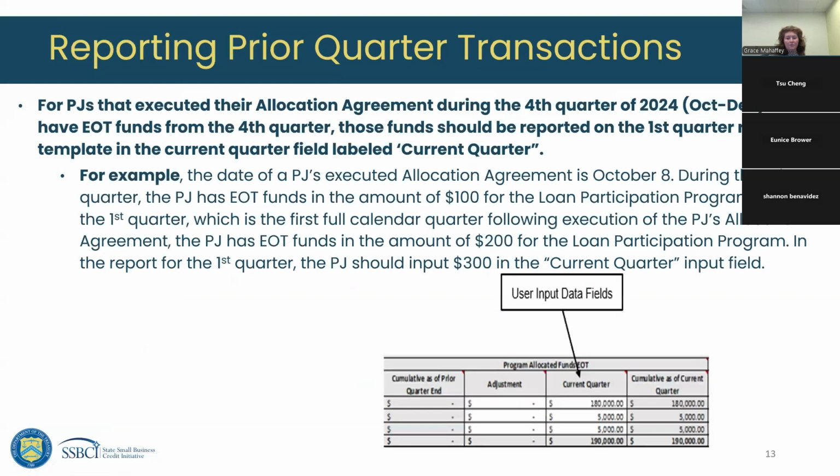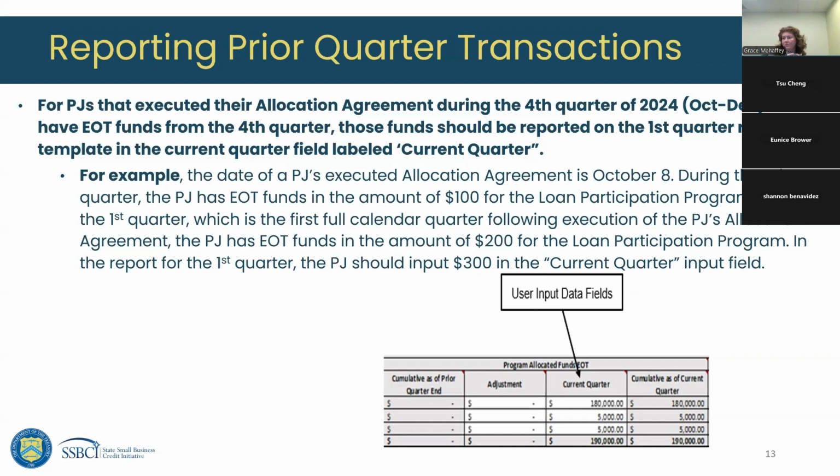Okay, thank you. For jurisdictions that are reporting for the first time and have EOT'd from a quarter prior to their first quarterly reporting period, jurisdictions should report the prior quarter activity along with your current quarter activity in the current quarter field and not report the activity as an adjustment.